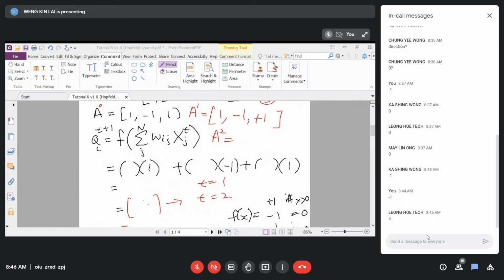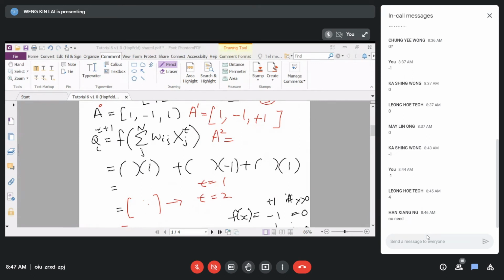Okay. Question. Is that necessary? What do you think, or the rest of the class? Do I need to calculate t equals 2, t equals 3, t equals 4? Answer is no, isn't it? Because it's obvious that if I calculate 1 million times, it will still be stable.